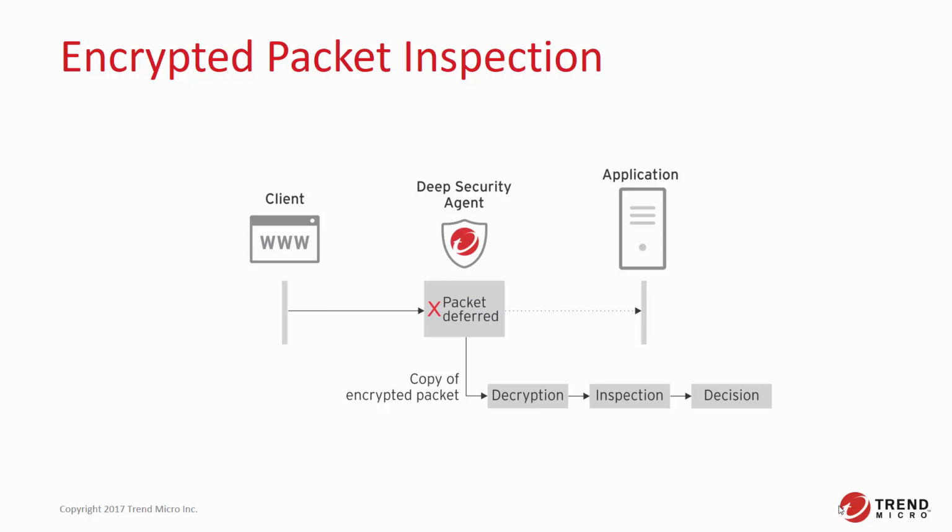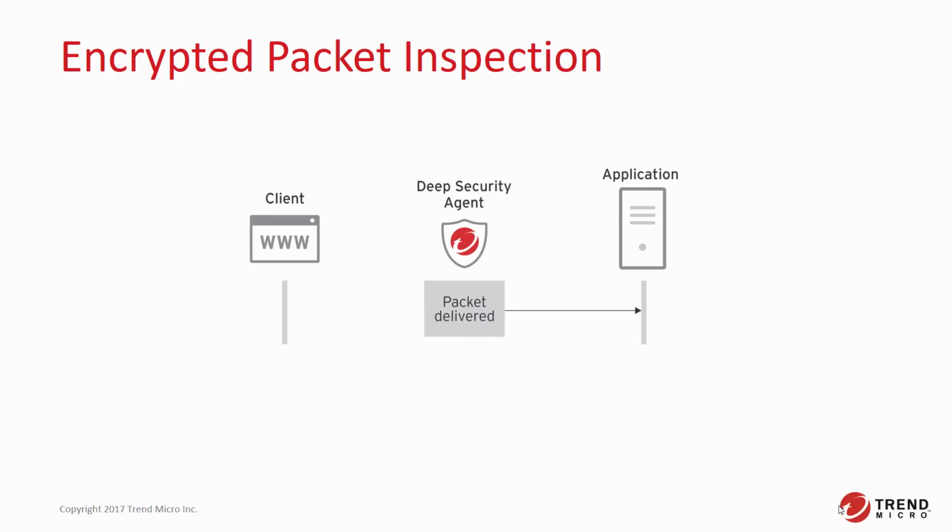To preserve the original encrypted packet, a copy of the packet is created, the copy is decrypted, and then inspected. If the packet contains malicious content, then the packet is dropped. If the packet cannot be decrypted, then it is also dropped. If the packet does not trigger any intrusion prevention rules, the deferred encrypted packet is allowed to proceed to its destination.